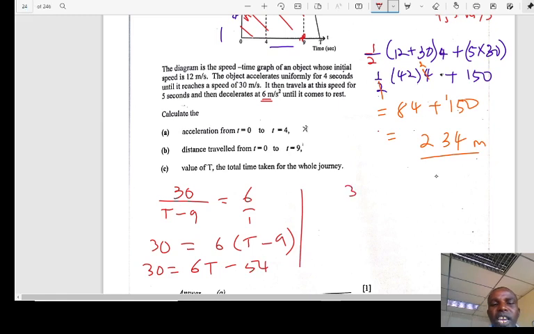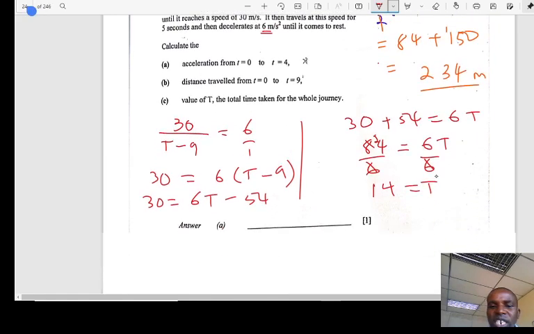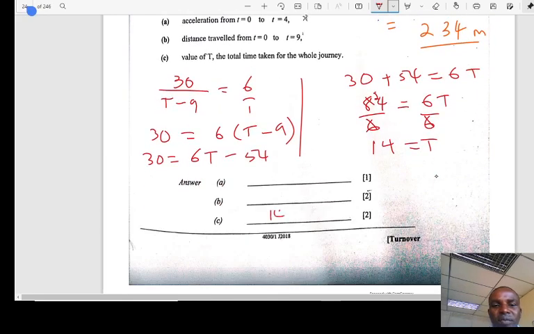Then 30 plus 54 is 84, equal to 6t. Then you divide by 6 here. You get your t is equal to what? 6 into 8 is 1, remainder 2. 6 into 24 is 4. So t is equal to 14 seconds.